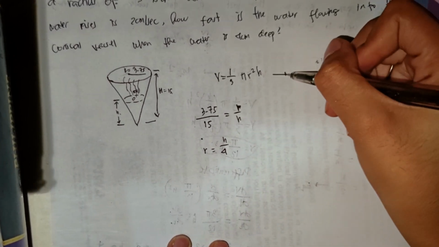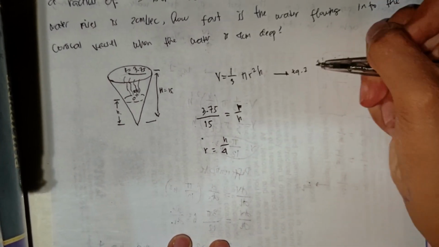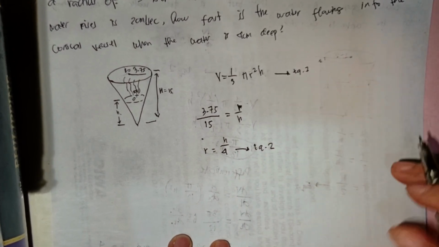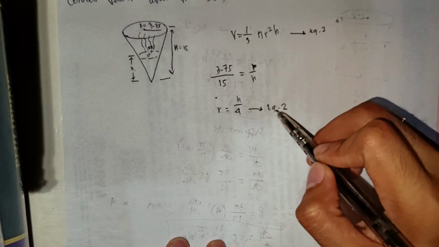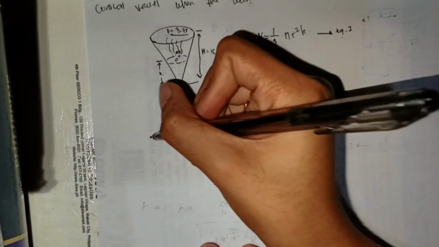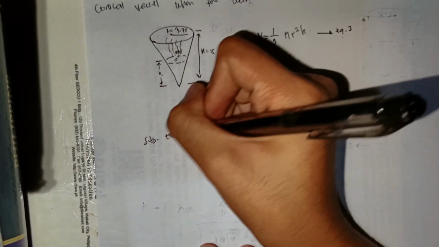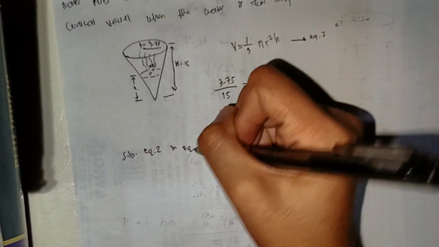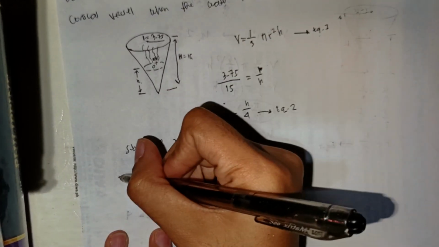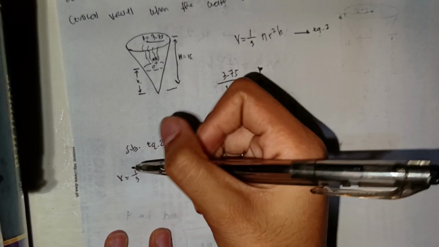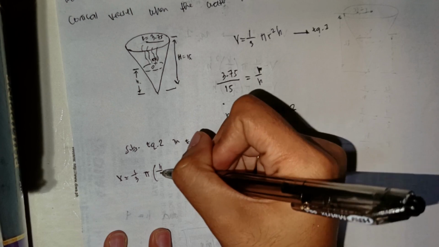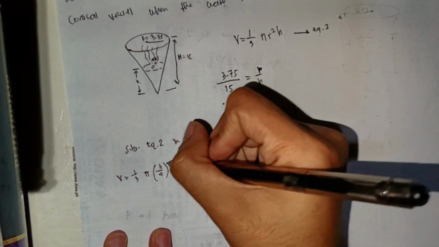This is equation 1, and this is equation 2. So, substitute equation 2 in equation 1. So, V is equal to 1/3 pi times the value of r, h over 4 squared, times h.